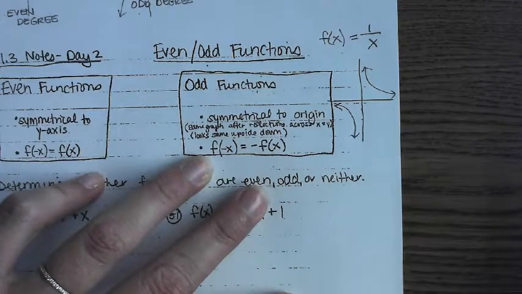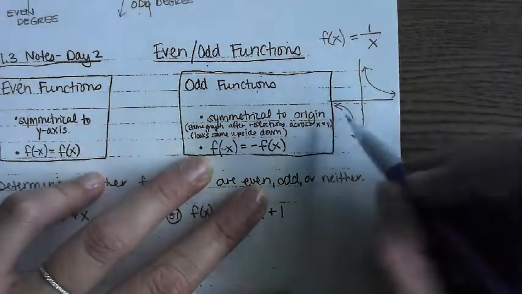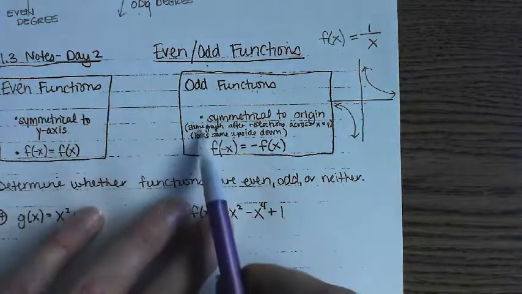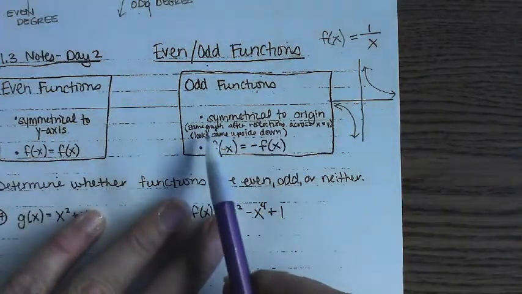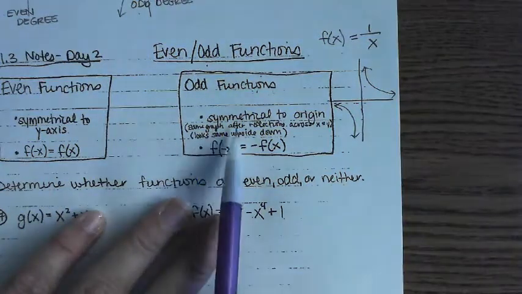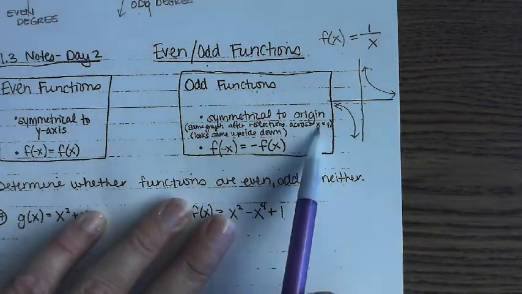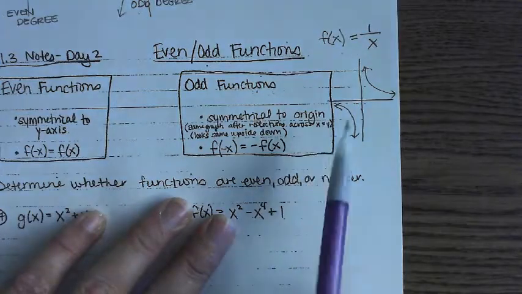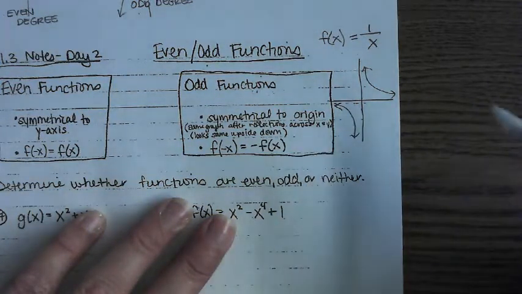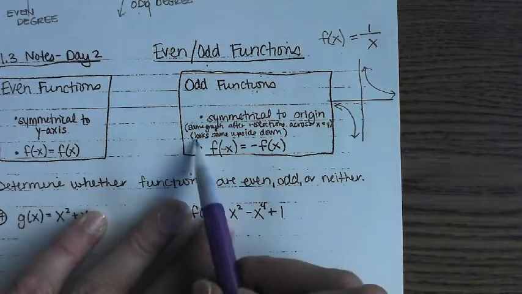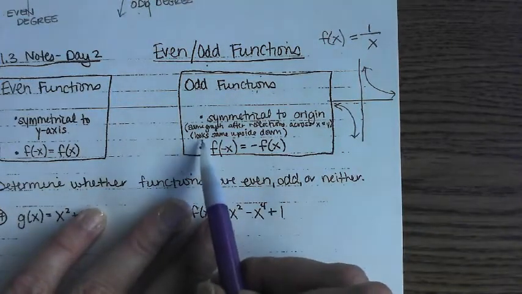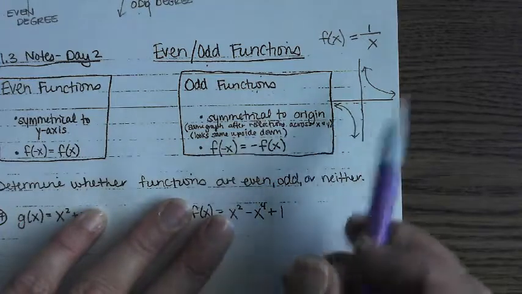Yes, no? Okay. So being symmetrical to the origin, and I wrote two different things in parentheses below: same graph after reflection across the x and the y-axis. So if you reflect it across the x and reflect it across the y, you'll be back to the original graph. The other way of looking at it visually is that it looks the same right side up as it does upside down.